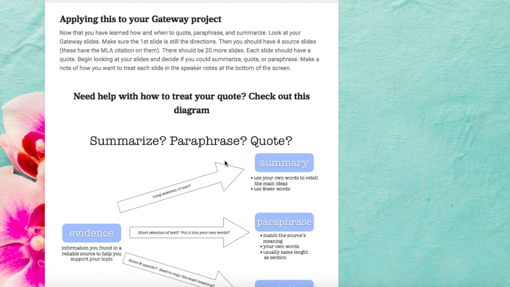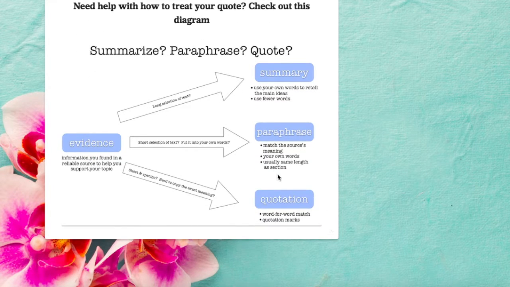Look at that direct quote and decide, is this going to be best used as a summary because I just need the key ideas and I can put it in my own words? Should it be a paraphrase where I keep all of the big pieces of it, all of the information, but I put it in my own words? Or is it a complicated but short piece that I need the direct quote for? Okay, if you have questions, please make sure you ask your English teacher.